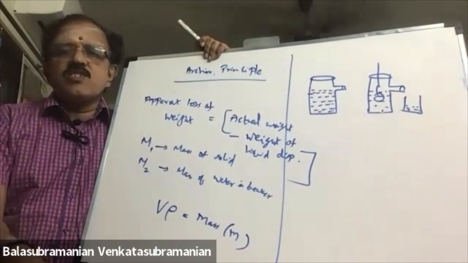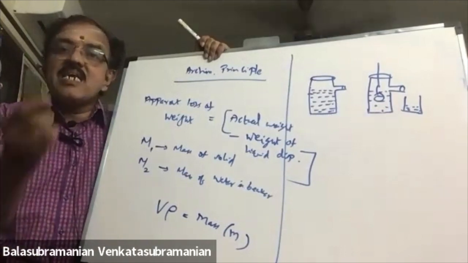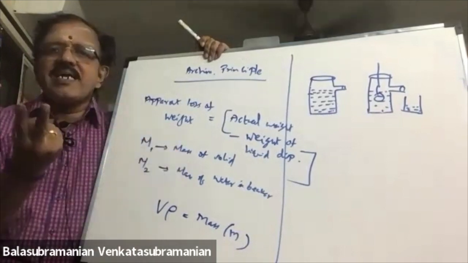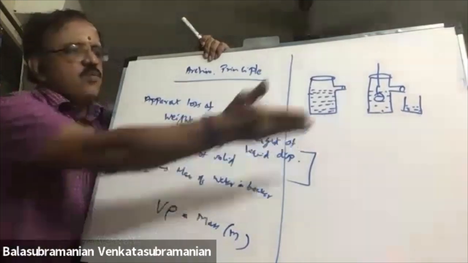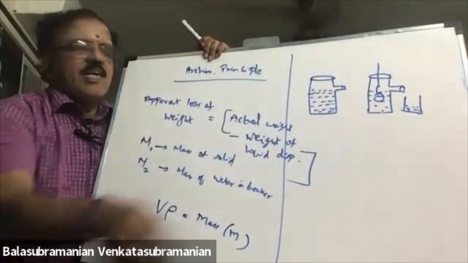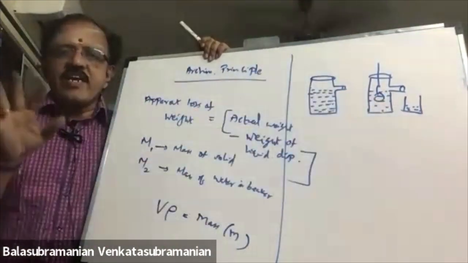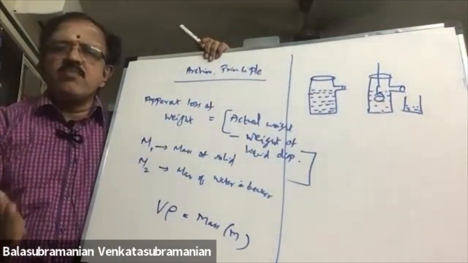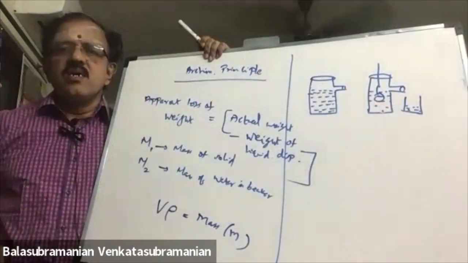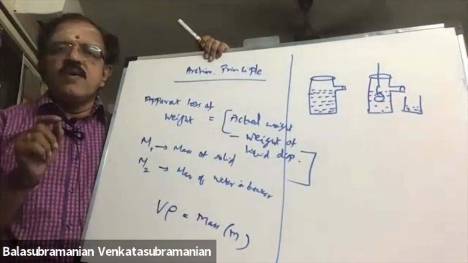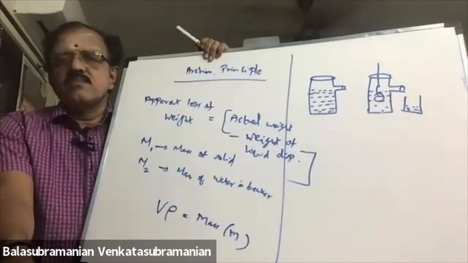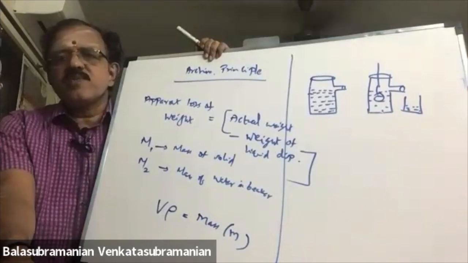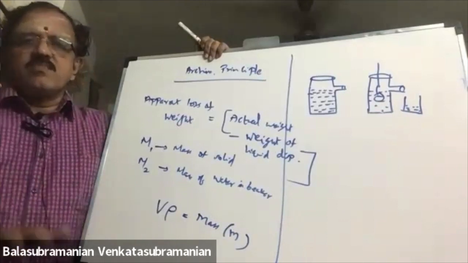That difference in mass, we call it as apparent loss of weight, apparent loss of mass of the stone in the water. That is equal to mass of the liquid collected. Weight only I want to calculate, sir. No problem. Calculate the apparent mass, multiply by g, you will get the apparent weight. Correct, Amma? So this is Archimedes principle, basic concepts.